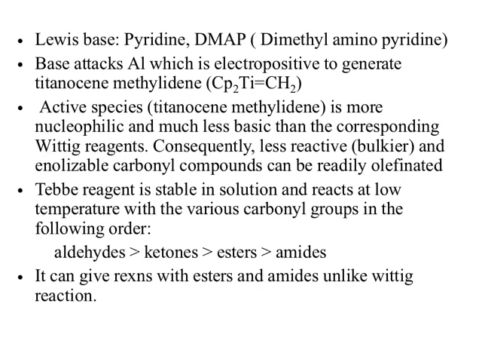This base is utilized to generate an intermediate which is called titanocene methylidene, whose formula is Cp2Ti=CH2. Now how do we get this intermediate? Base actually attacks the electropositive aluminium of Tebbe's reagent, and that helps in generation of this intermediate called titanocene methylidene.